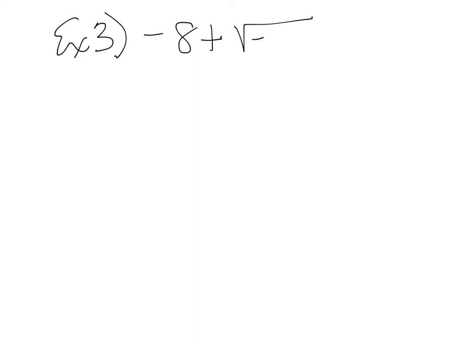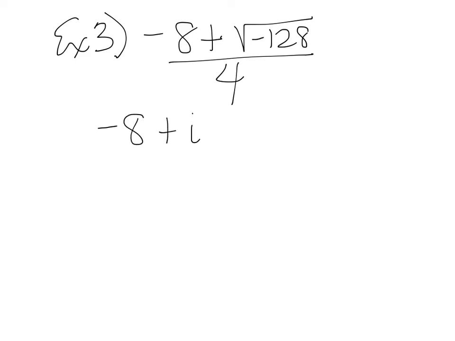Okay, check this out. We have example 3, negative 8 plus the square root of negative 128 all over 4. And we want to write our final answer in standard form. Okay, we got this thing. As soon as you see a negative under the radical, what are you thinking? Pull out an I. Let's do it right now. So I have negative 8 plus I square roots of 128 all over 4.